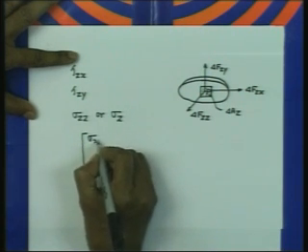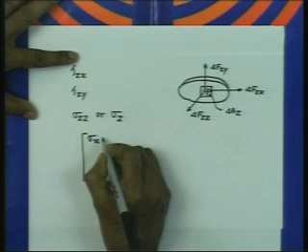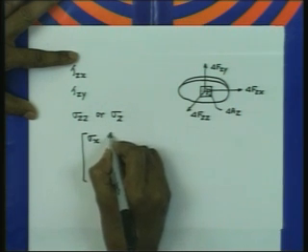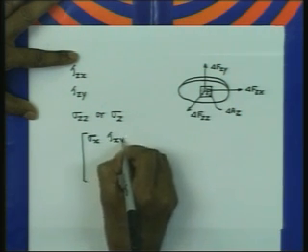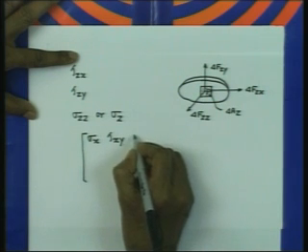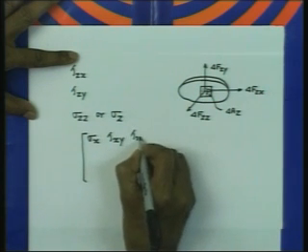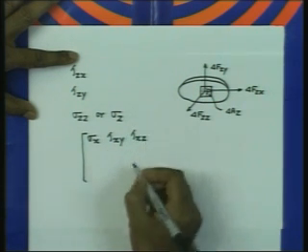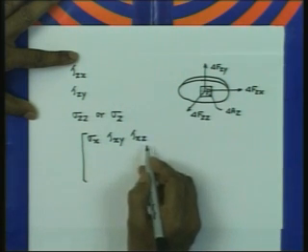Sigma x is the normal stress in the x direction, tau xy is the shear stress in the y direction on the x plane, tau xz is the shear stress on the x plane in the z direction.